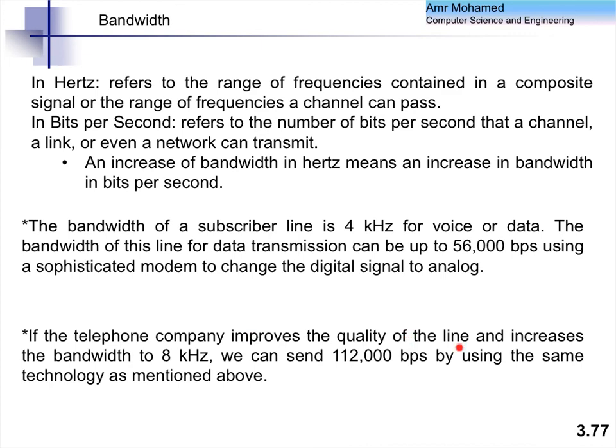So if the telephone company improves the quality of the line and increases the bandwidth to 8 kilohertz, we know that the theoretical rate is proportional to that bandwidth. So the bandwidth doubled, so the theoretical rate will also double. The theoretical rate will become 112 kilobits per second.